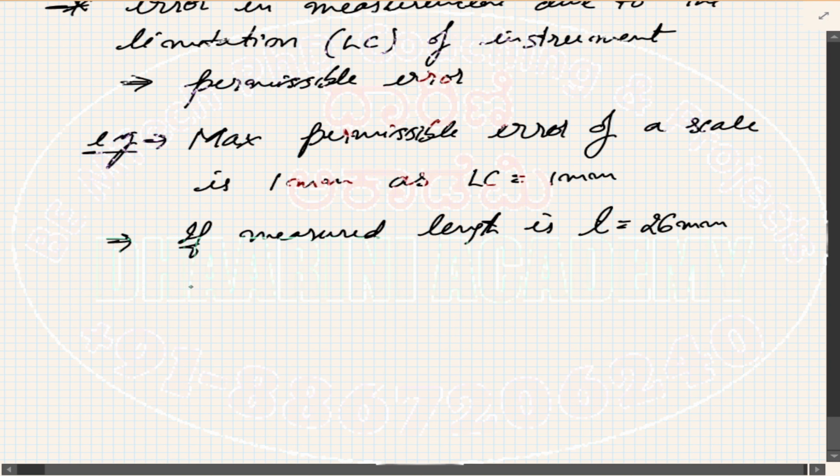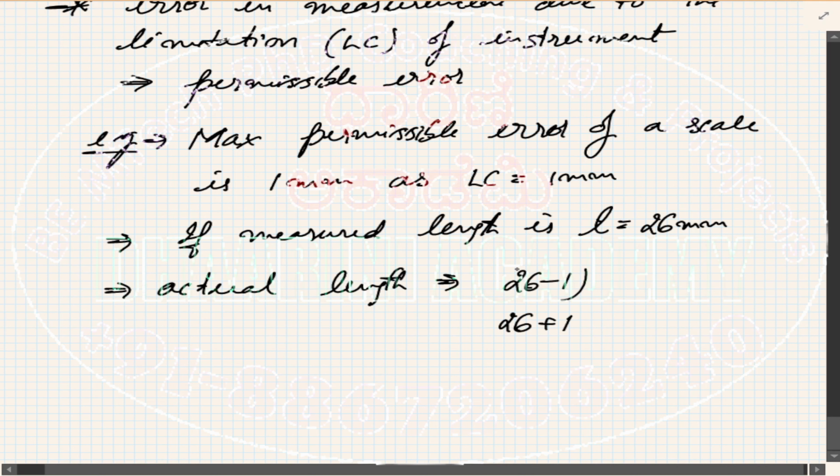So what is the actual length? It's not necessarily the same. I'm not saying there is an error, but there may be an error. So the actual length could be 26 minus 1 or 26 plus 1, because 1 mm is the possible maximum error.